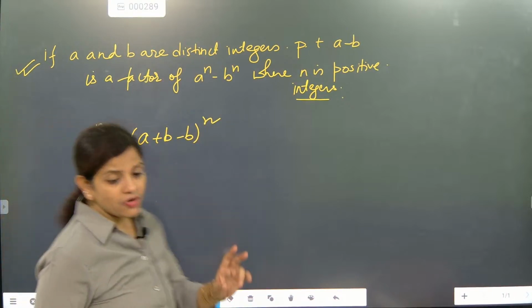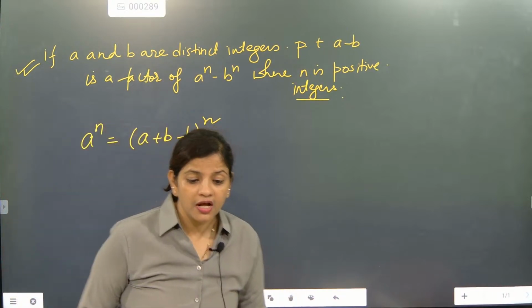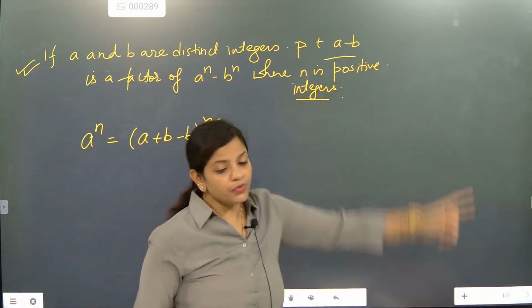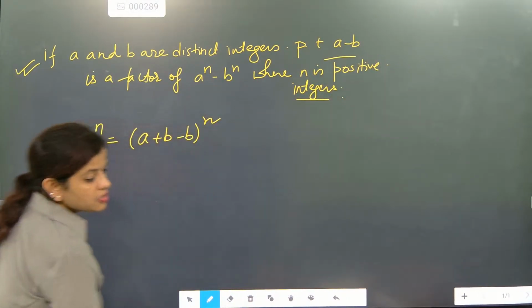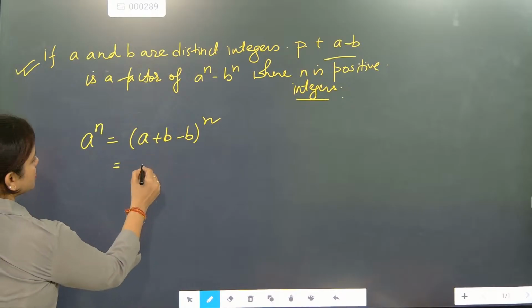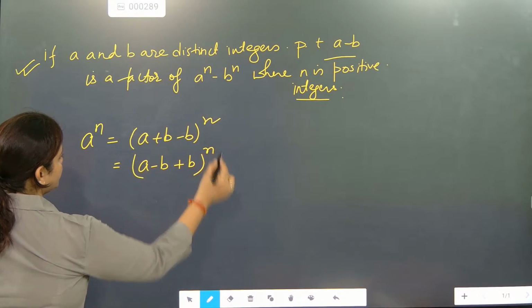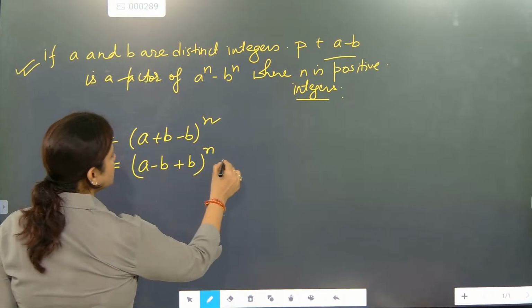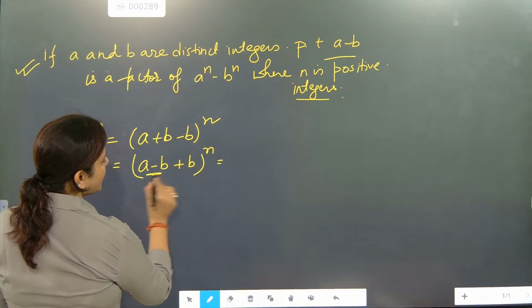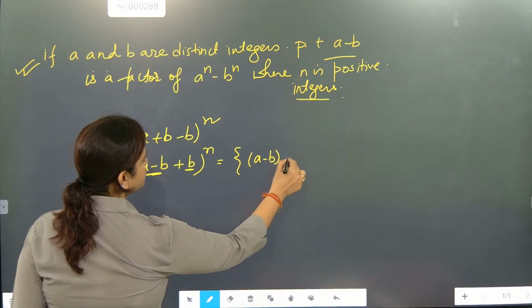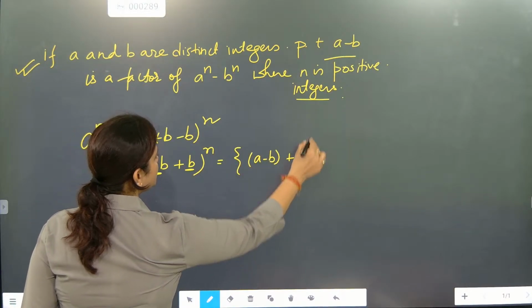Listen very carefully: they are asking for a minus b as a factor. So we will write (a minus b) plus b, to the power n. That means this will become one term and this will become one term, so it will become (a minus b plus b) to the power n.